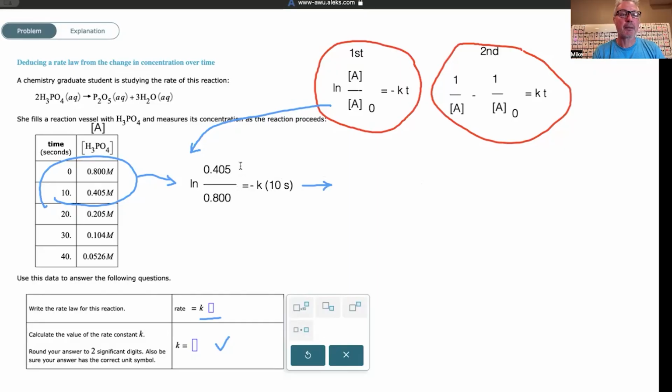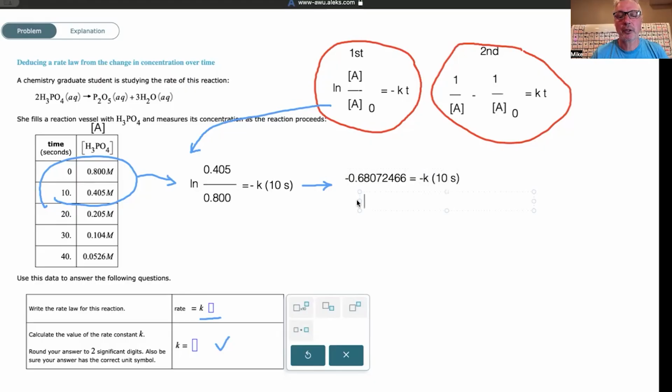The natural log of 0.405 divided by 0.800 equals negative 0.6807, equals minus K times 10 seconds.